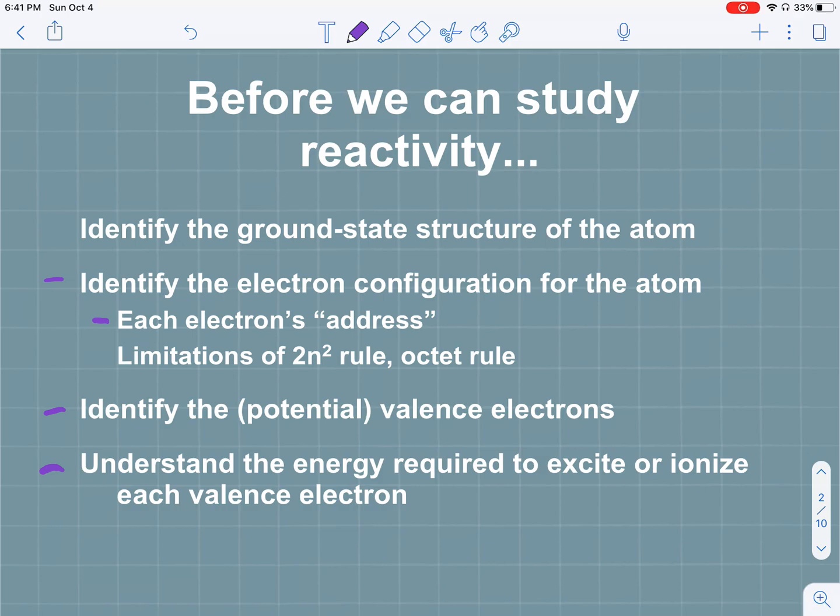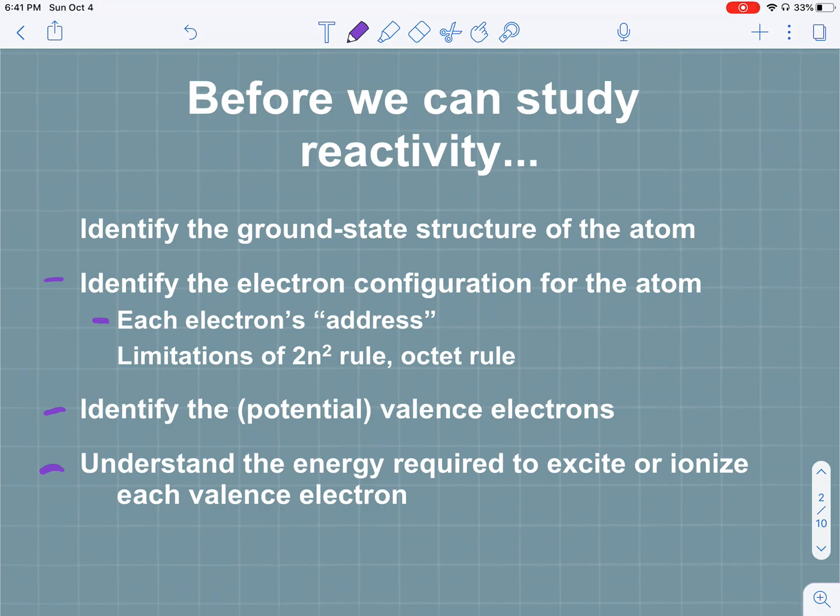The analogy would be, wherever you live, you probably have a number, whether it's an apartment number or house number, the street name, the city, the state. So you have a multi-part address, and the electron has one as well that's made up of four different parts.